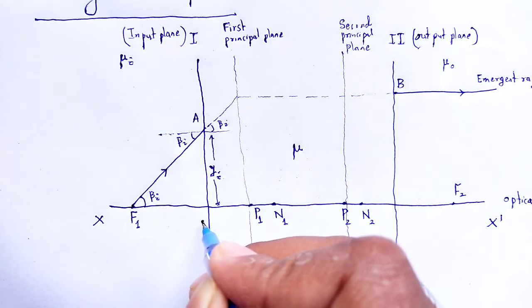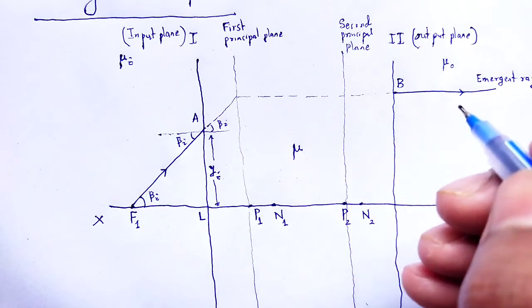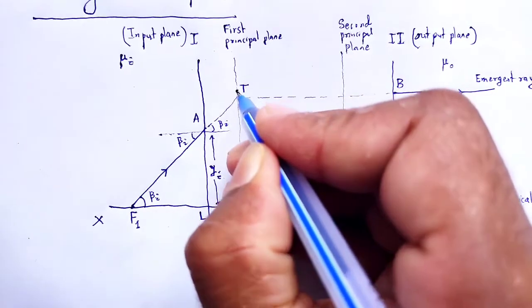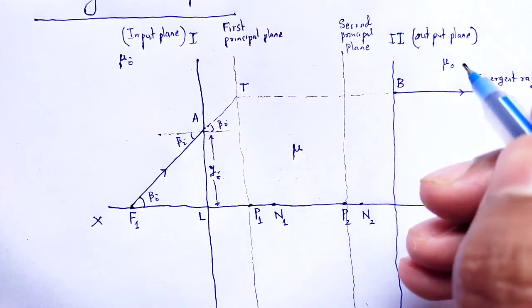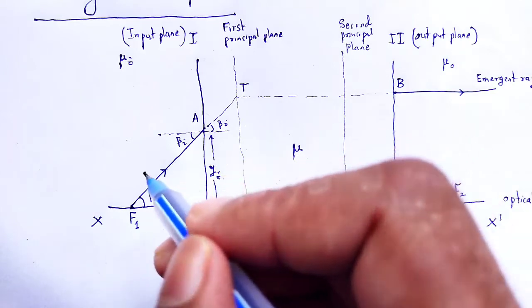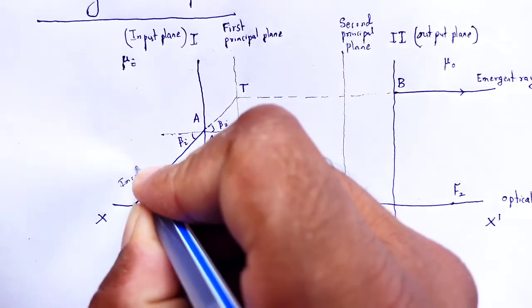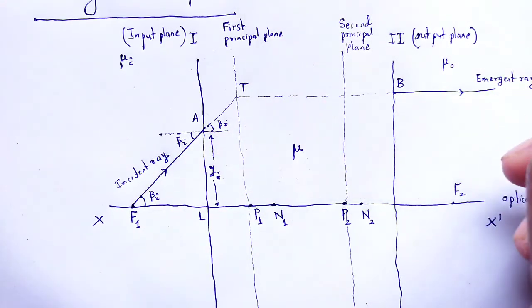That point is L, and at that point T, that is the incident ray, and that is the emergent ray.